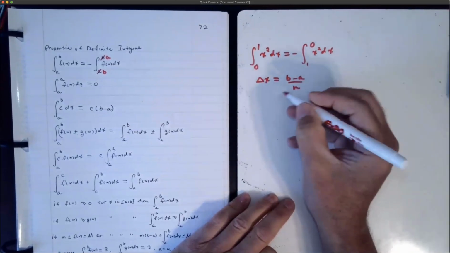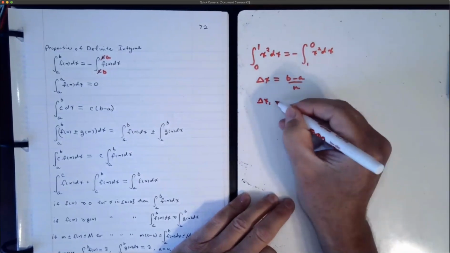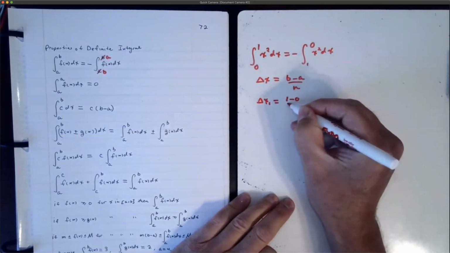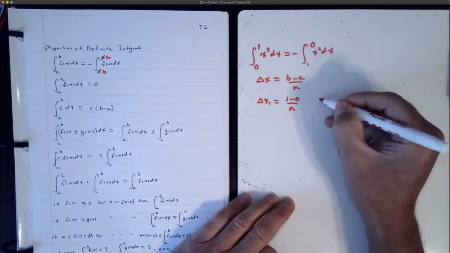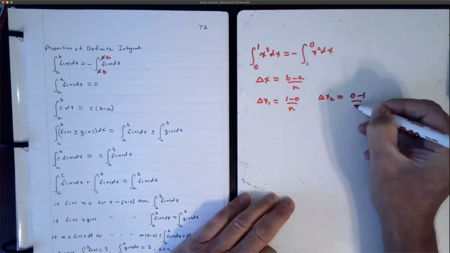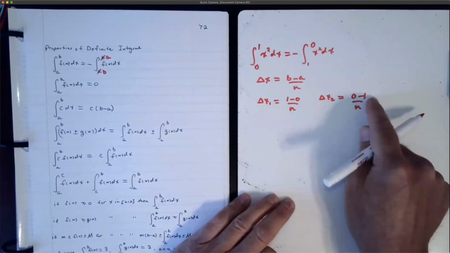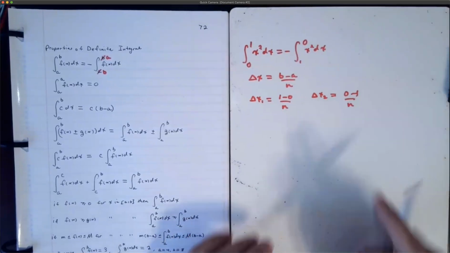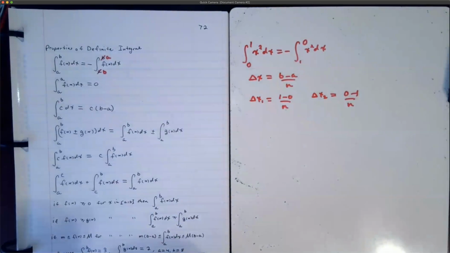So when you do it on the left side, delta x1 would be 1 minus 0 over n. But on the other hand, for delta x2 over here, you would get 0 minus 1 over n. And as you can see, they're opposites of each other. It's 1 over n and negative 1 over n. So the negative sign is actually introduced via the delta x. So that's why if you switch the limits of integration, you do get a negative sign there.